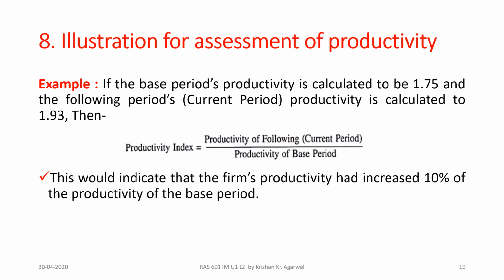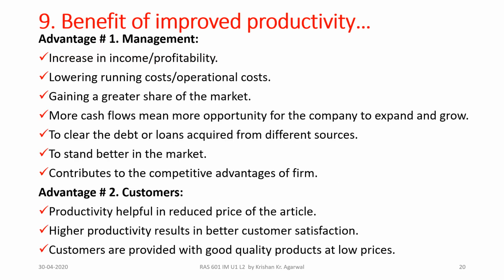For example, if the productivity of the base year is 1.75, and for the current year it is 1.93, then one can easily estimate by taking the ratio of productivity for the current period to the base period, and it can be easily assessed what the change in productivity is for the current year.